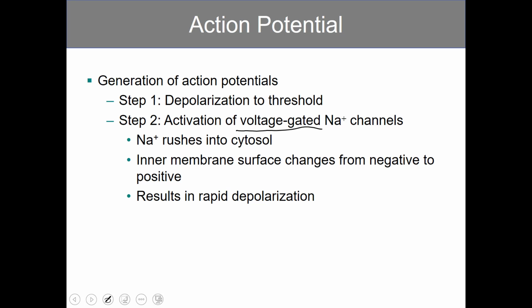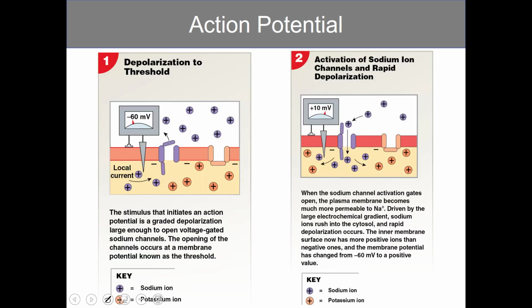So once the voltage-gated sodium channels open, sodium is going to rush into the cytosol. The inner membrane changes from negative 70 at rest to a positive number, and that results in a rapid depolarization. And we can see that here.